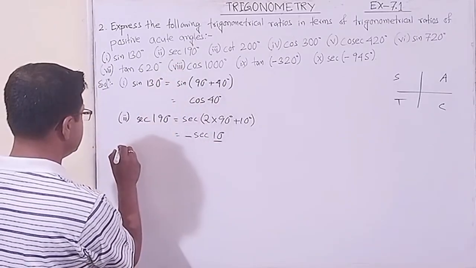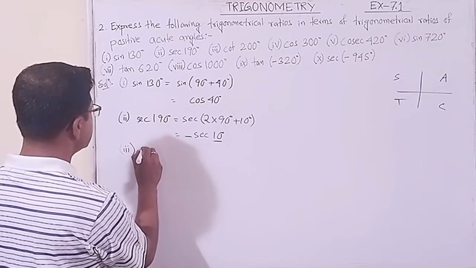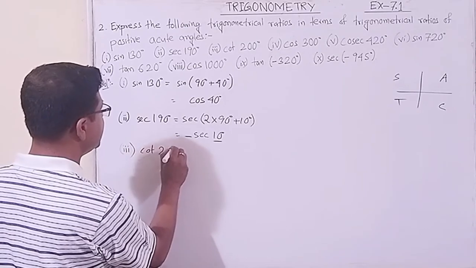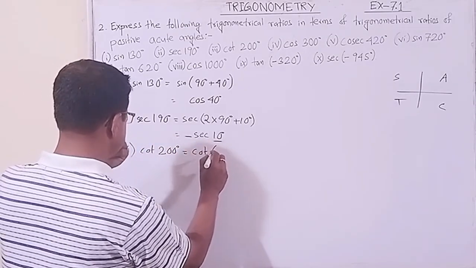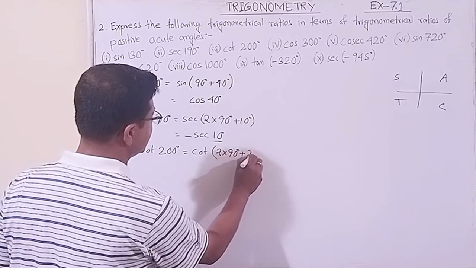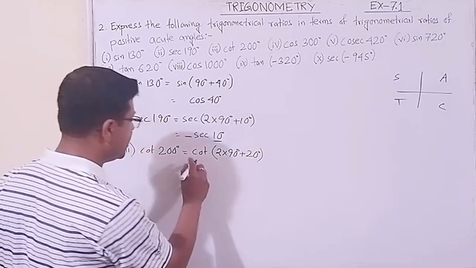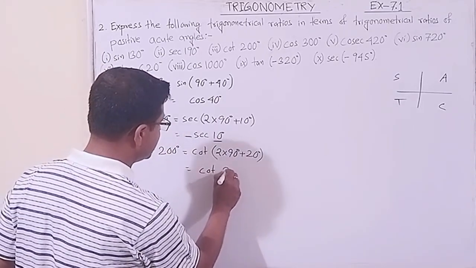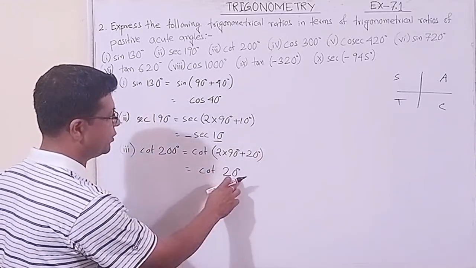Now the third one is cot of 200 degrees. Now cot 200 degrees can be expressed as 2 into 90, 180, plus 20 degrees. Got it? So it is an even multiple of 90 degrees, so cot will be cot only. Now about the angle, this is a positive acute angle.